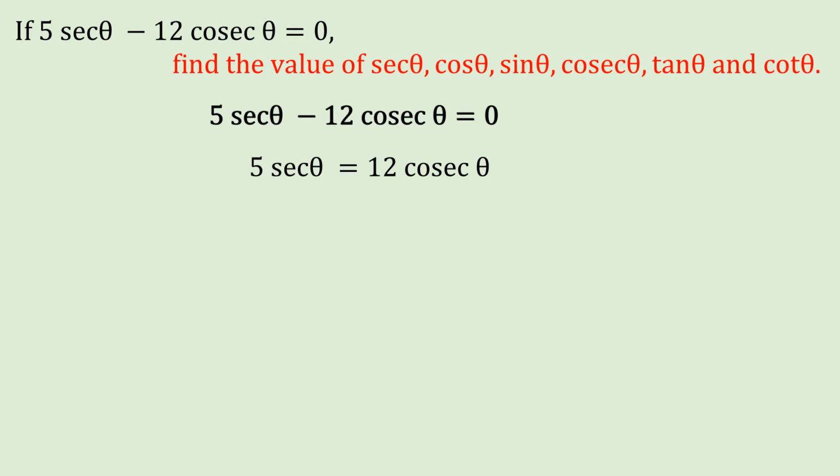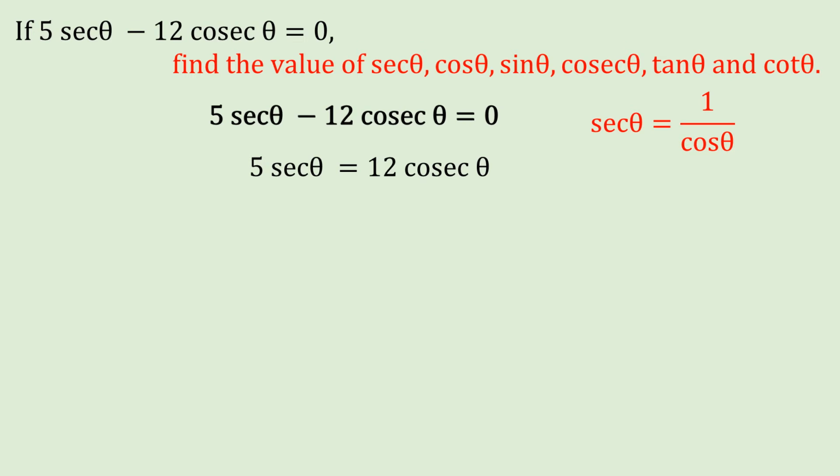So 5 sec theta equals 12 cosec theta, which in turn means 5 into sec theta equals 12 into cosec theta, and sec theta can be written as 1 upon cos theta and cosec theta can be written as 1 upon sin theta, as you have seen in the formula and trigonometrical ratio video.